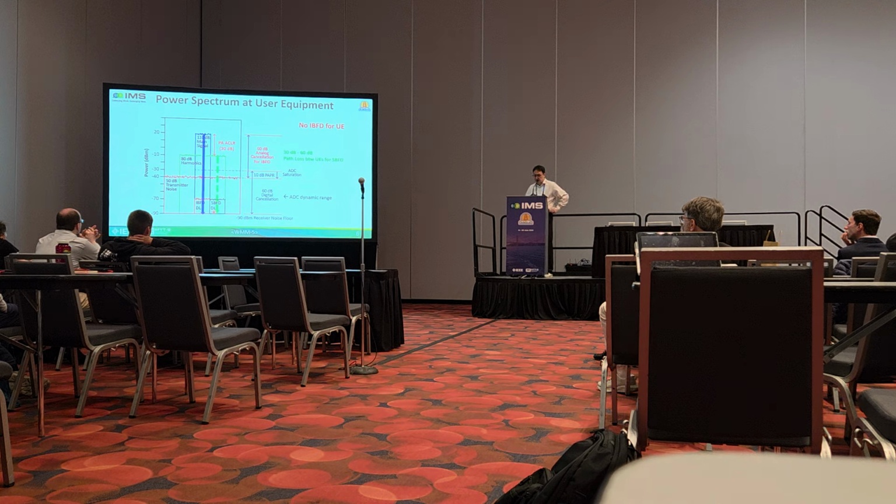We may be able to get this much by path loss between user equipment. So for this case, we have a little bit less power, and the required cancellation is going to be around 6 dB, considering digital cancellation and ADC dynamic range.